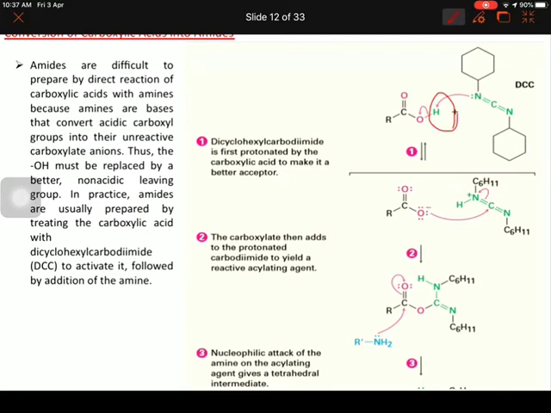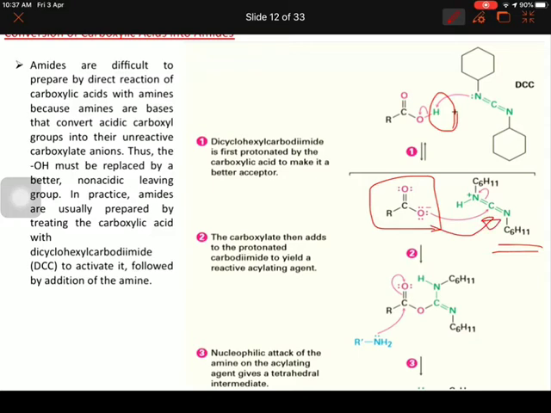After this, the proton is outside of the carboxylic acid, so the carboxylic acid gets the negative charge. This negative charge attacks the carbon of the carbodiimide of the catalyst, the carbon of DCC.